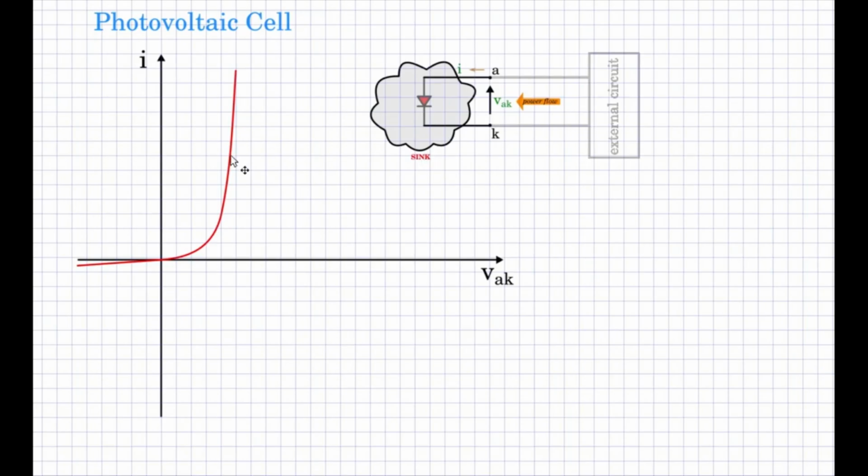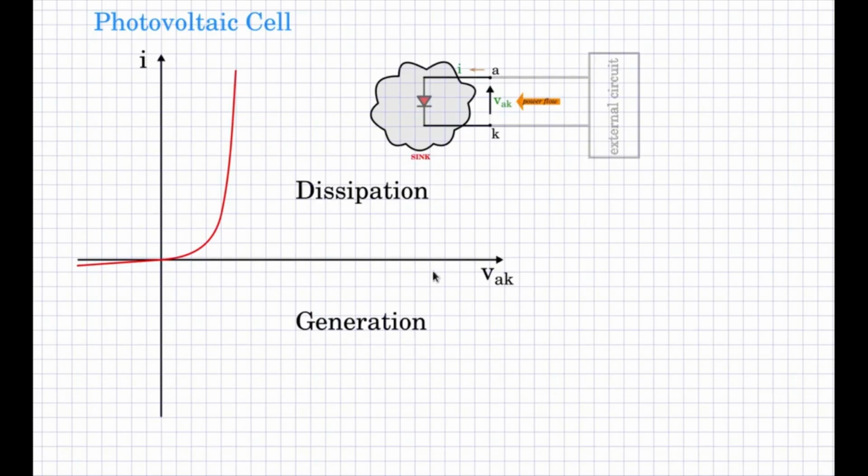Now from this, how do we develop the photovoltaic cell model? We see that the first quadrant is involved in dissipation, and this is the dissipation mode of components, basically sinks, wherein the current flow is into the terminals as shown. The fourth quadrant is a generation quadrant.